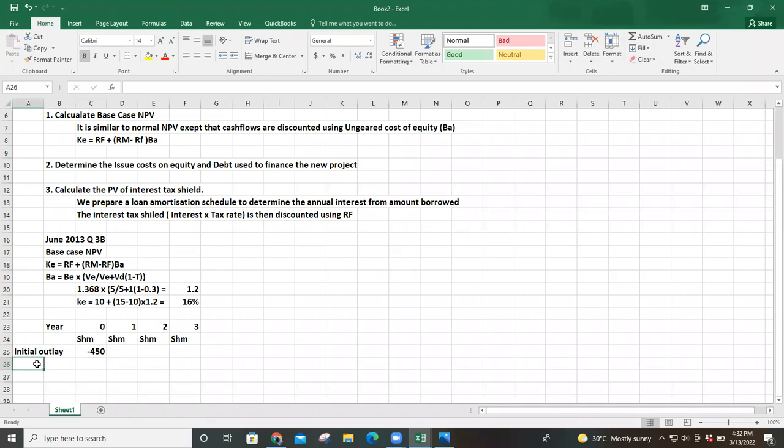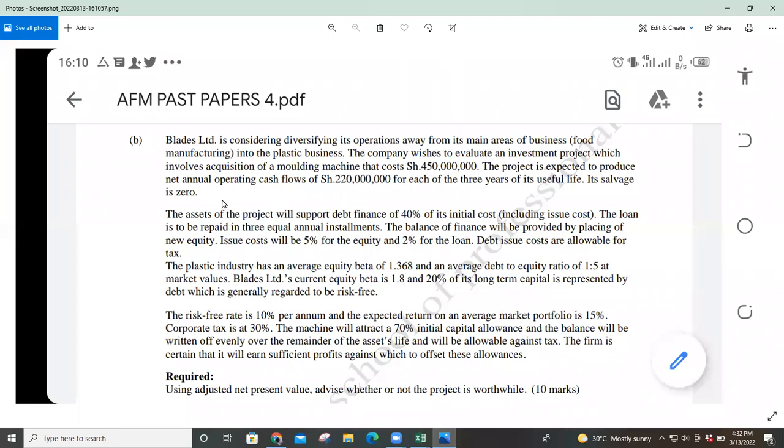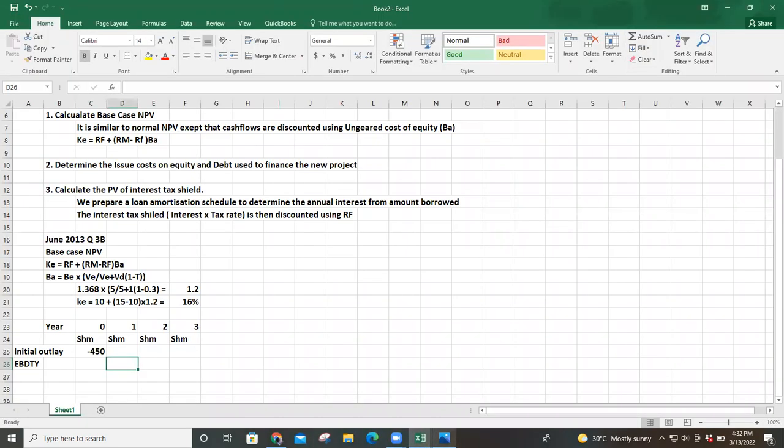Then we have the earnings before depreciation and tax, the pre-tax cash flows. In year 1 to year 3, we're given the annual operating cash flows of 220 for each of the 3 years. We can less tax.